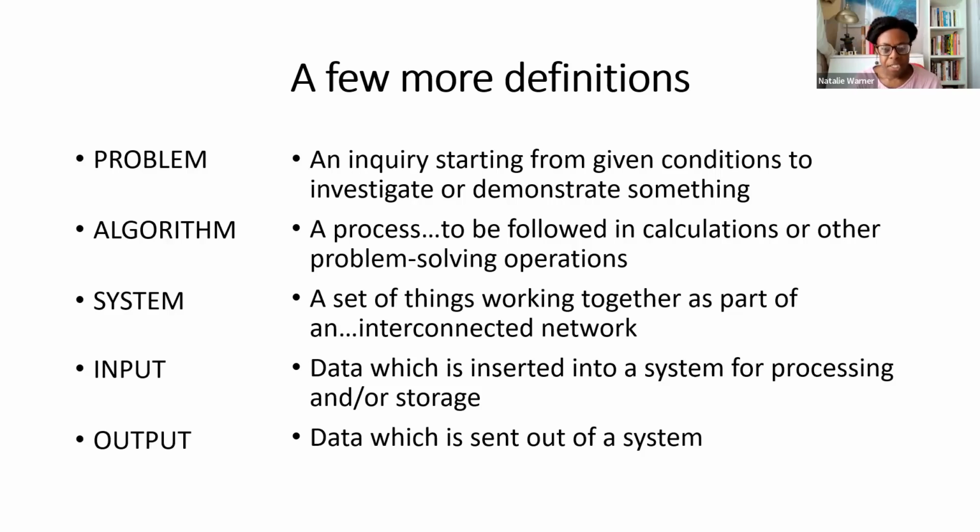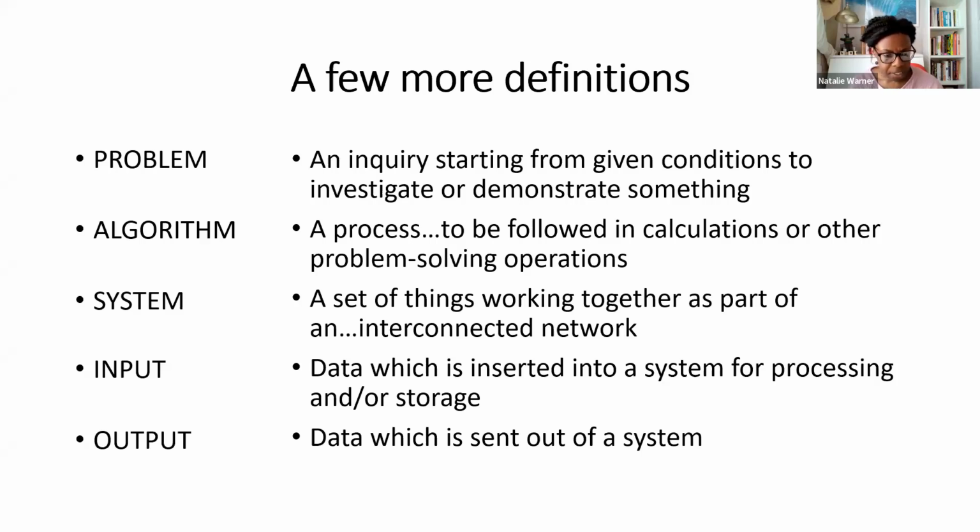And then we have a system, which is a set of things working together as part of an interconnected network. And that is partly what we've been doing throughout these modules. So you've all been coming up with your own systems and processes of working, and grading is no different. Grading is a system of itself, but it has to fit in with your needs as well.